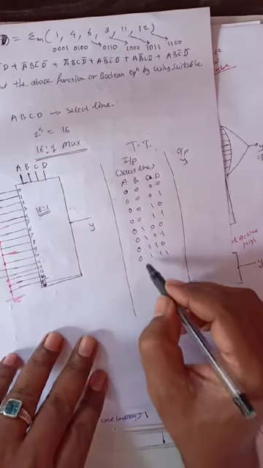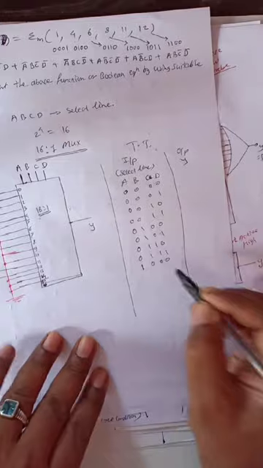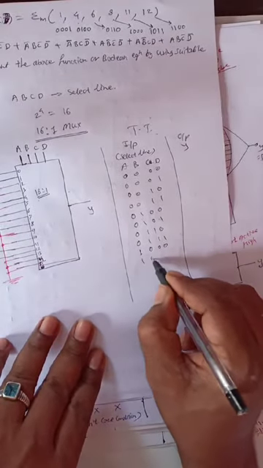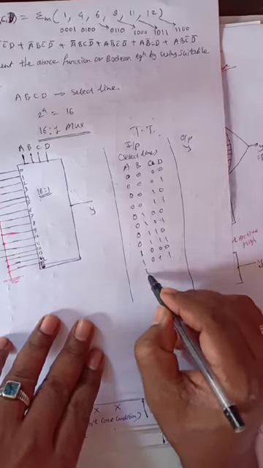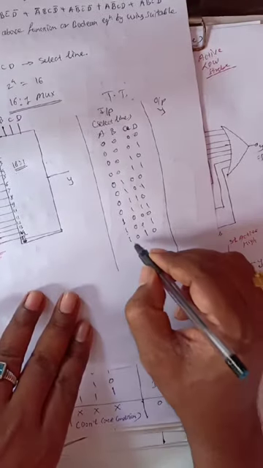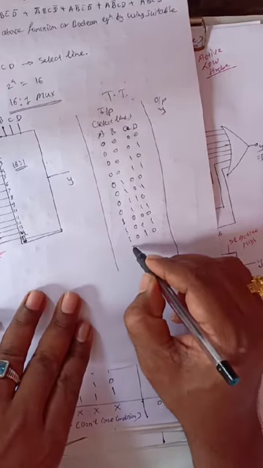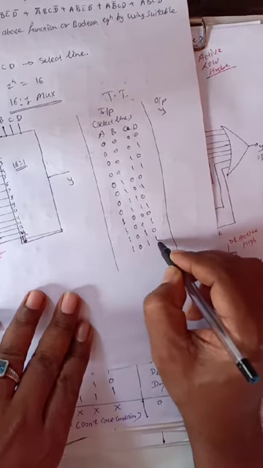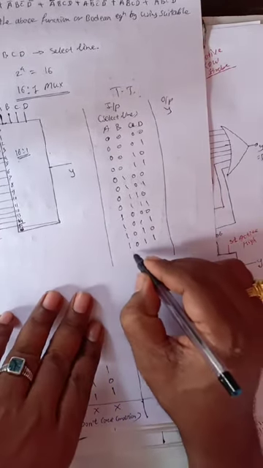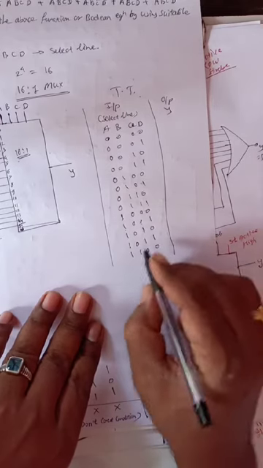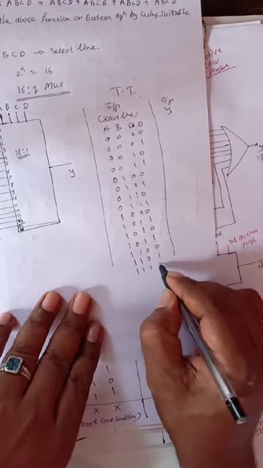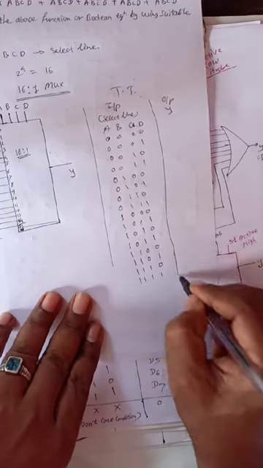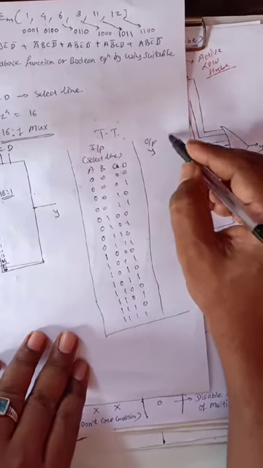Next one is 8. 9 means 8 and 1, 1 0 0 1. 10 means 8 and 2. 11 means 8, 2 and 1, the addition of which is 11. Like that 12 is 1 1 0 0, then 13, 14 and the last one is 15. So this is the truth table for this equation.